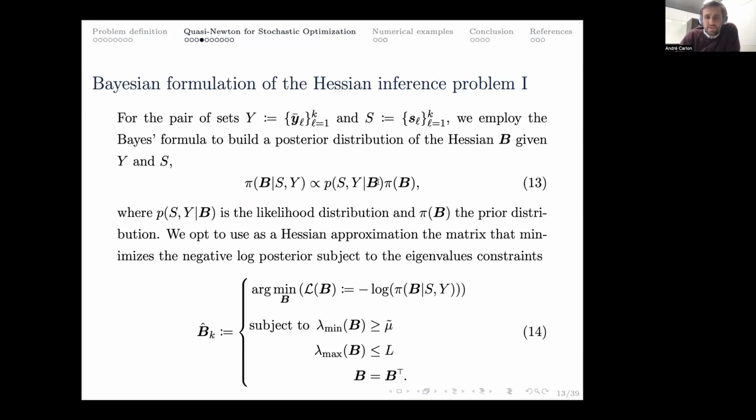We don't care about the normalization here because we will maximize this quantity. This is what we do here, denoted in equation 14.